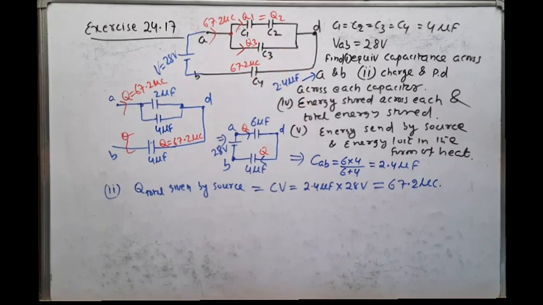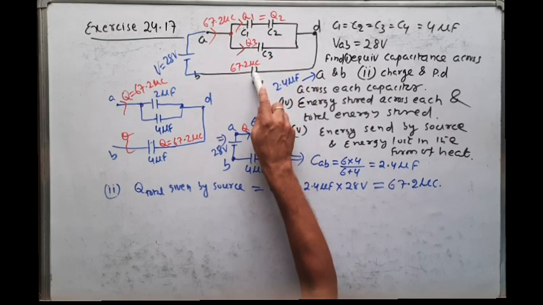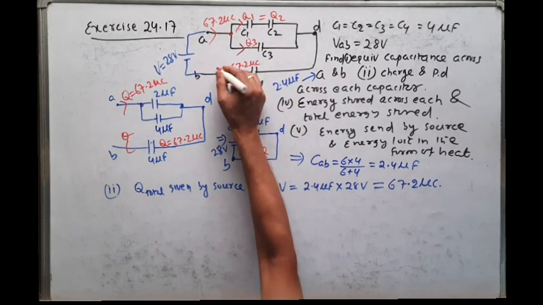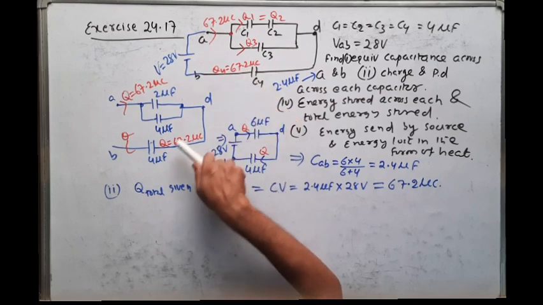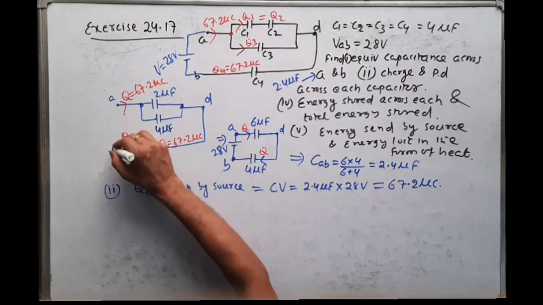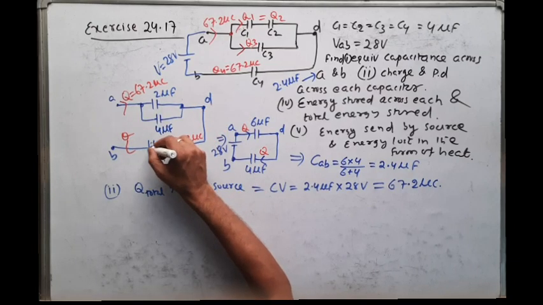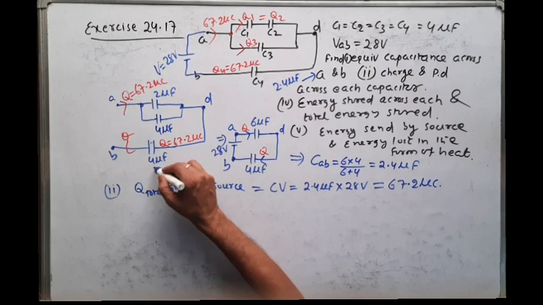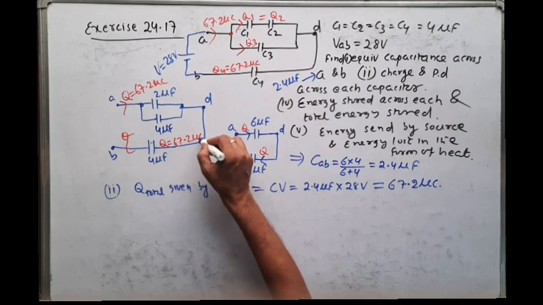Now how will you find the Q1, Q2 as well as Q3? Already we have got Q4. So what is Q4? Charge across this capacitance is equal to 67.2. Okay. So now what we will do, you see the B terminal and D terminal is connected across this capacitance, whose capacitance value is 4 microfarad and whose charge is equal to 67.2 microcoulomb.